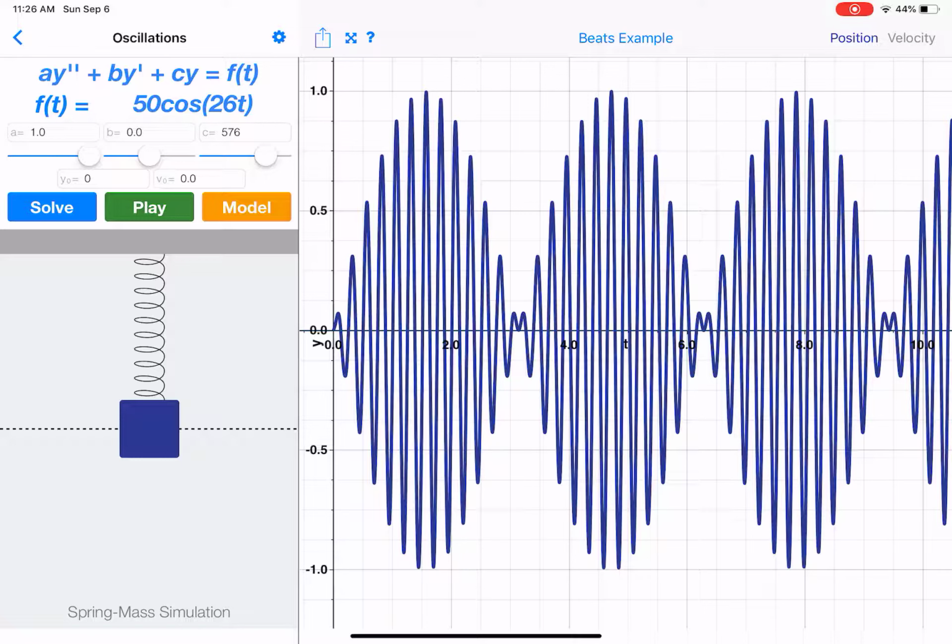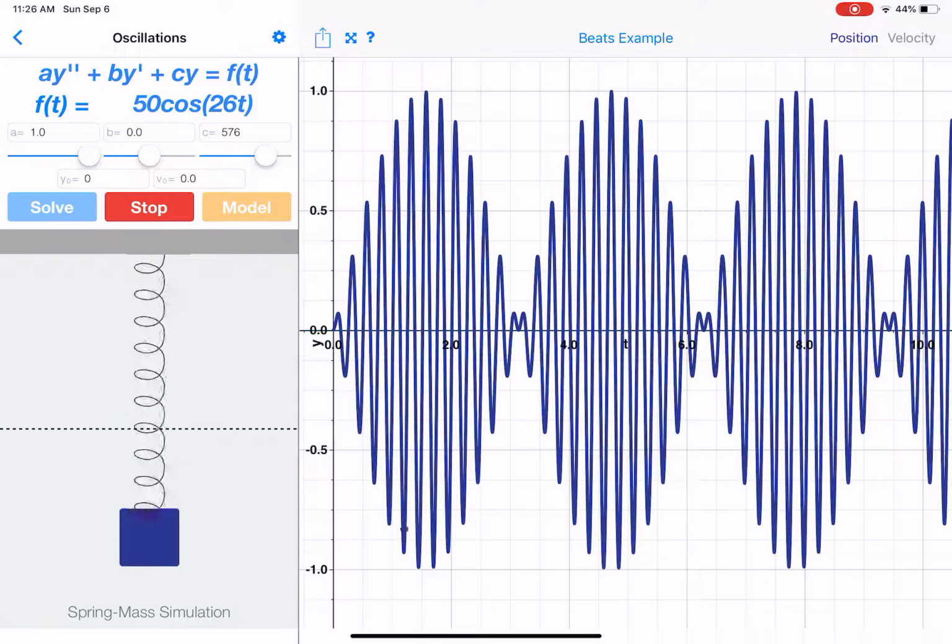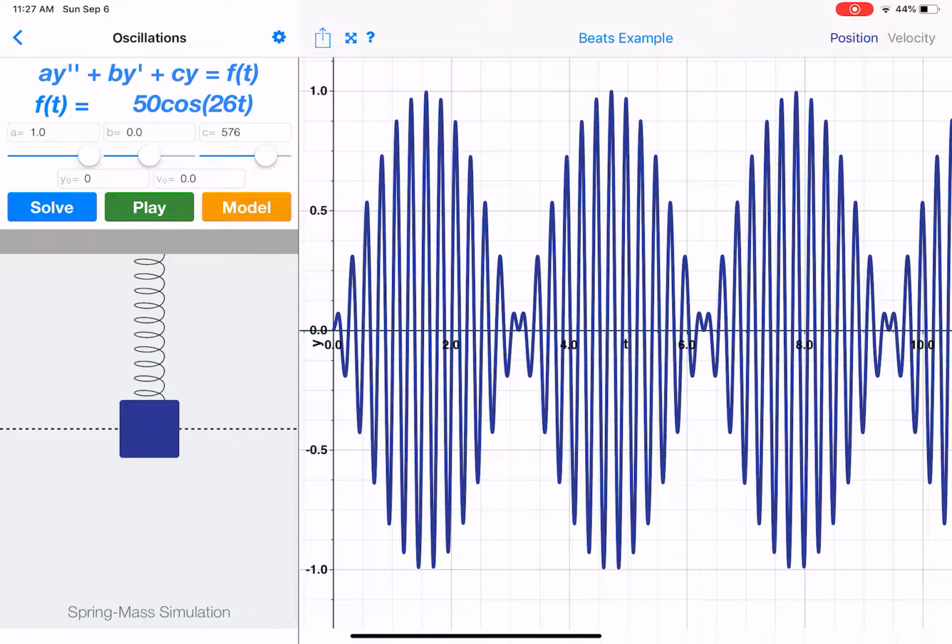So the mass spring, if we go ahead and load this animation, starts off with no amplitude, and the amplitude of that fast oscillation increases and then decreases, and then increases and decreases again, so that amplitude is experiencing a periodic behavior.